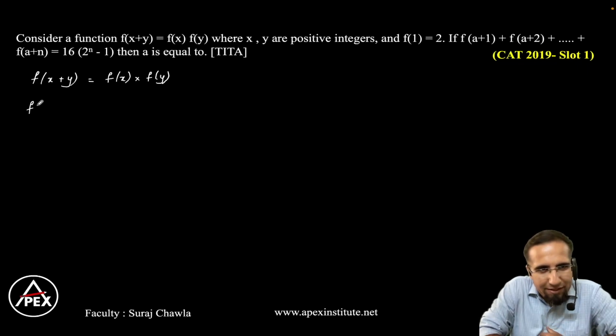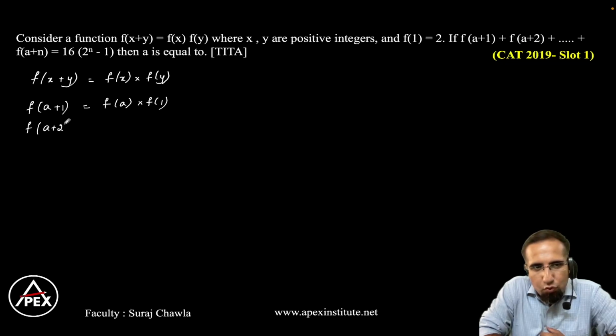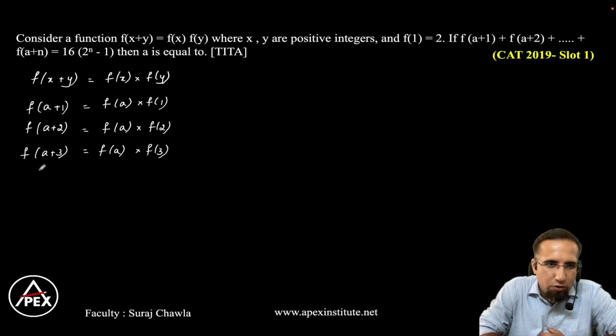So let's understand. Can I say f of a plus 1 will be f of a into f of 1. Similarly, f of a plus 2 will be f of a into f of 2. Similarly, f of a plus 3 is equal to f of a into f of 3, and so on.